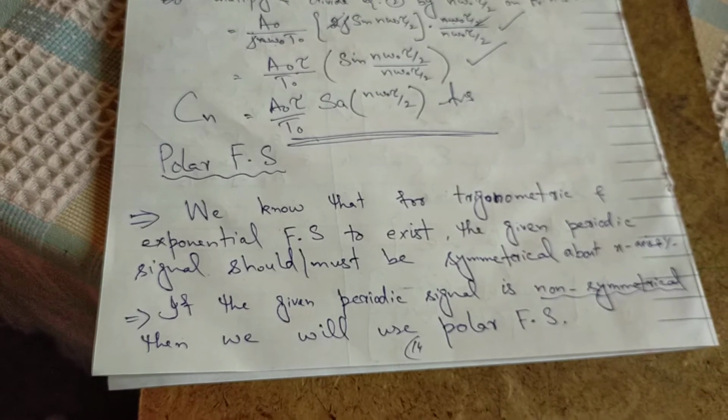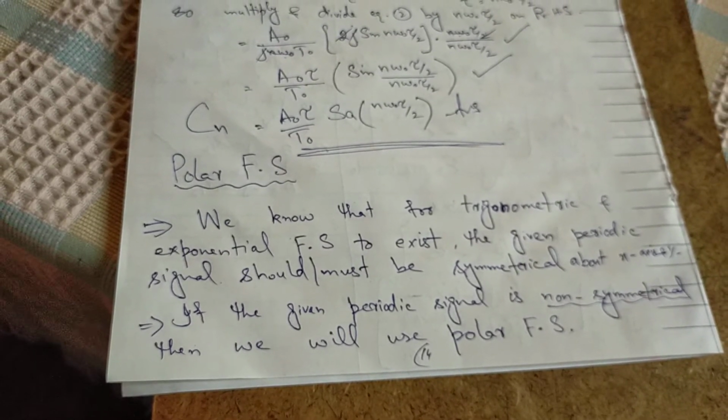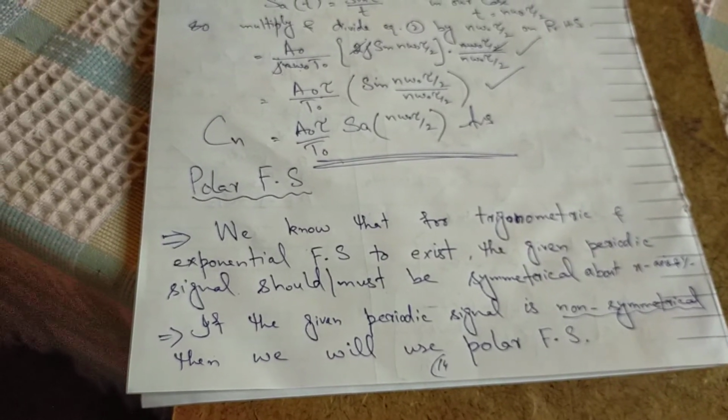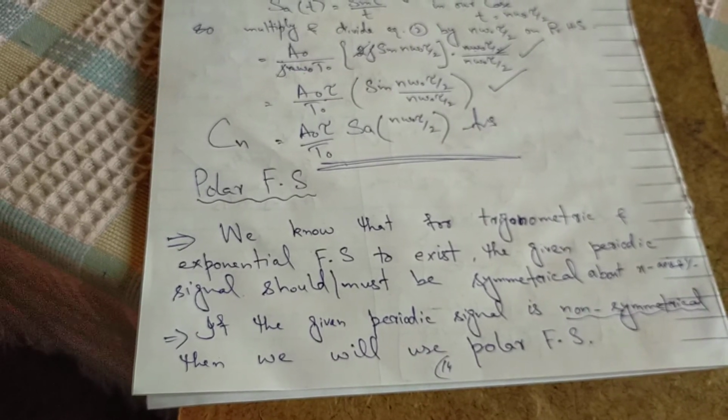For a given periodic signal, the trigonometric and exponential Fourier series will exist if and only if the signal is symmetrical about its x-axis and y-axis.